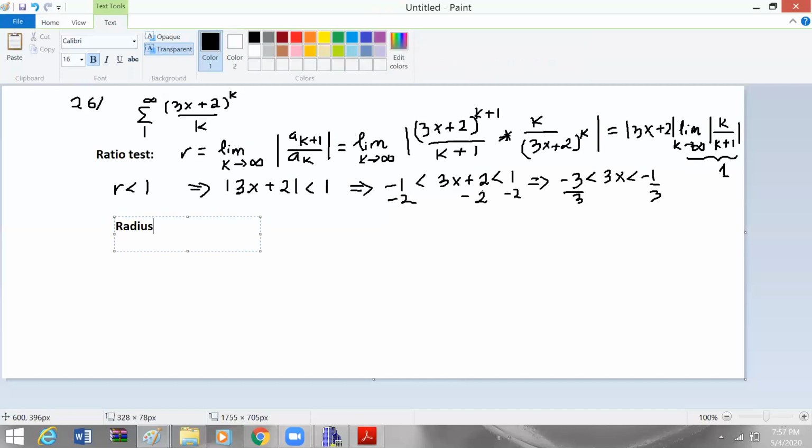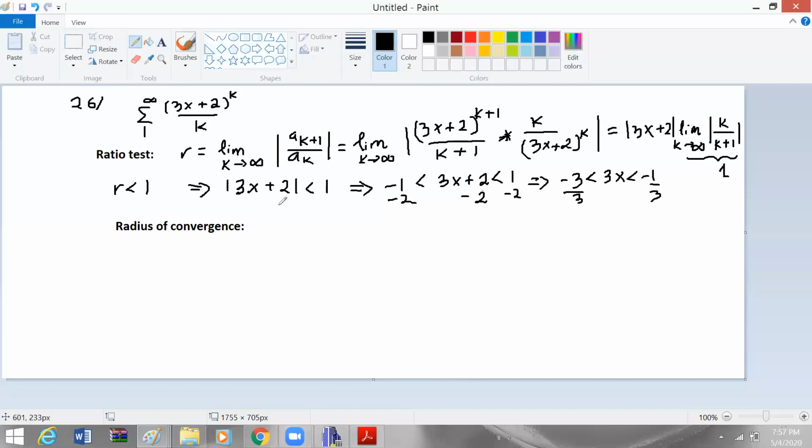So the radius of convergence is from -1 less than x less than -1/3. Correct?